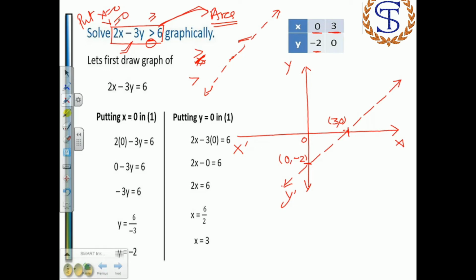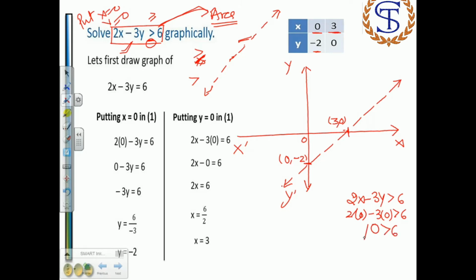Here in 2x minus 3y greater than 6, if we put x equal to 0 and y equal to 0 at this place, 2 into 0 minus 3 into 0 greater than 6, and here it is 0 greater than 6.